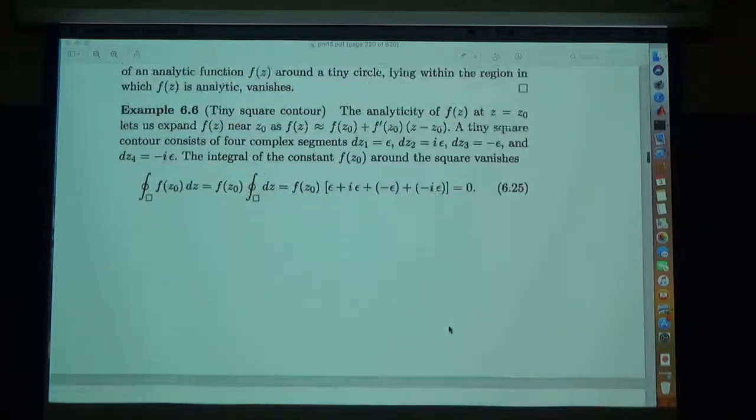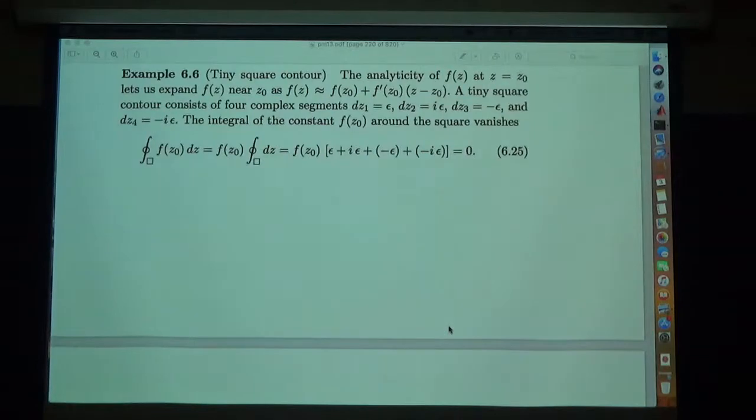Okay, so a tiny square contour, and so what we've got near z0, since this is a tiny square, is again f of z0 plus f prime of z0 times z minus z0.